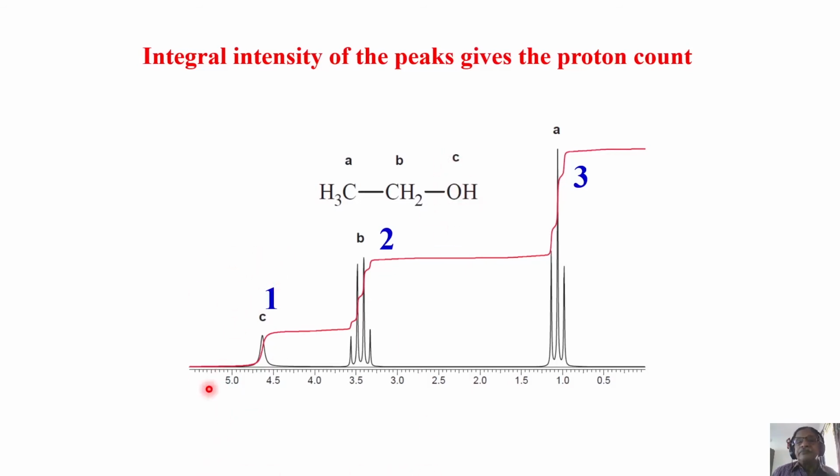So it comes here. Now, if you carefully look at the intensity of the peaks, see this height and this height and this height are in the ratio of 1:2:3. I am not talking about height, I am talking about the area. The peak may be broad here. Why the OH peak is broad is a different reason. I will explain to you later.